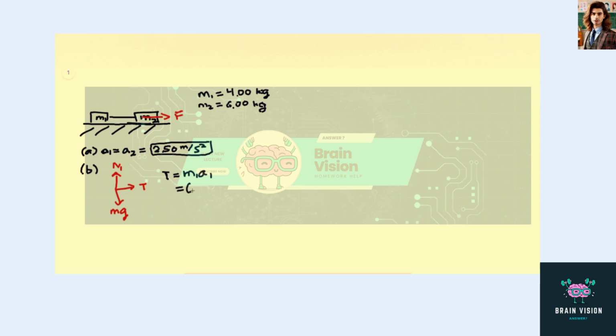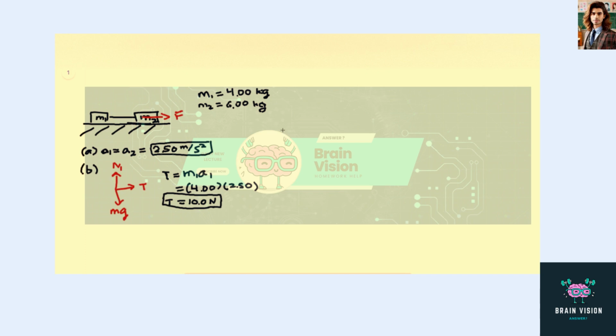So we know both of those values now, so we can plug them in. 4 kilograms and 2.50 meters per second squared to get, at the end of the day, a total of 10 newtons. Right, and then we don't even care what the normal force or the weight is.